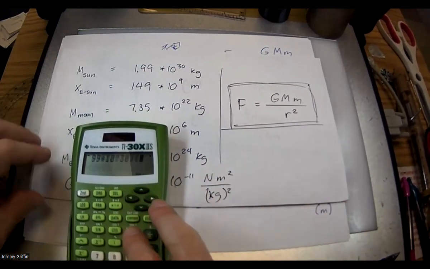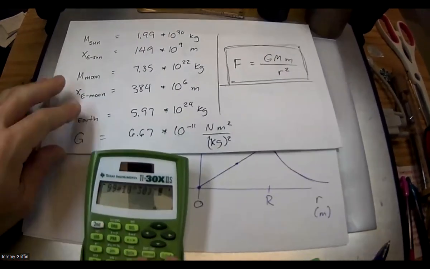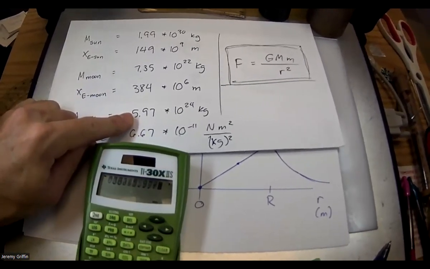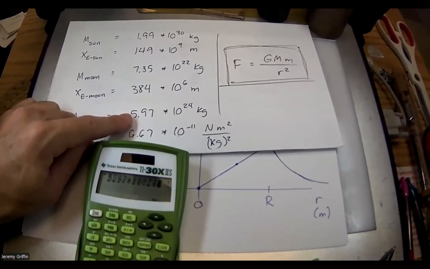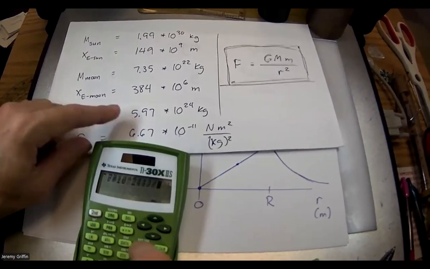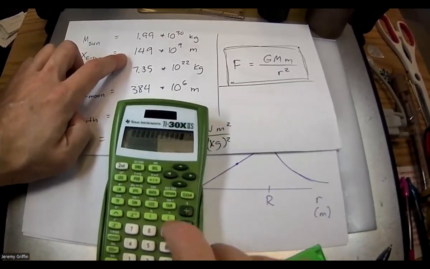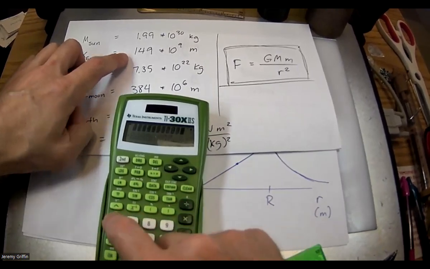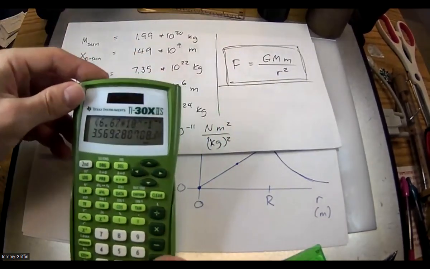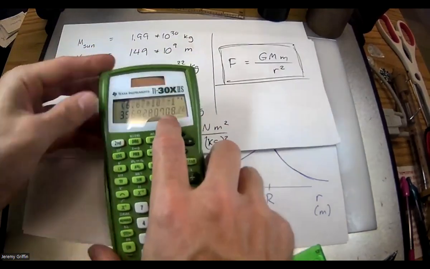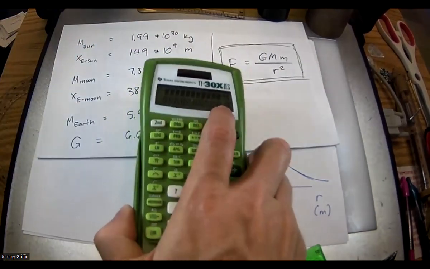The Earth is 5.97 times 10 to the power 24. Okay. Then divide by the distance from the Earth to the sun, which is 149 billion meters, and don't forget to also square that. Okay, that comes out to 3.57 times 10 to the 22 newtons. That would be newtons, right?